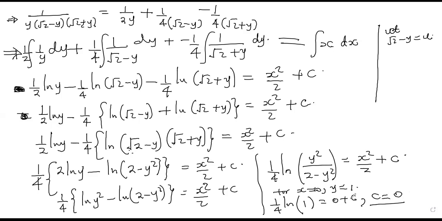So when you substitute for the value of c as 0, it will keep the way it is, but without a c. So I will have a quarter ln y squared over 2 minus y squared equal to x squared over 2, multiplied by 4.